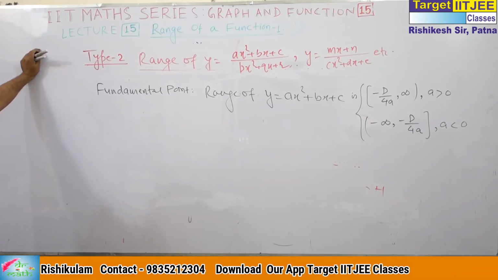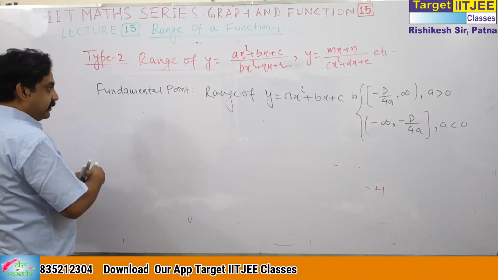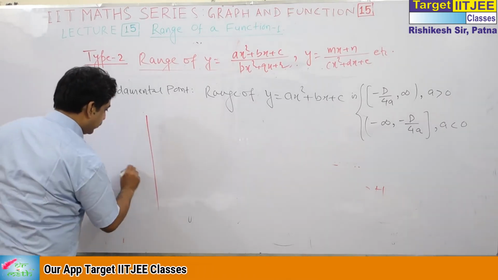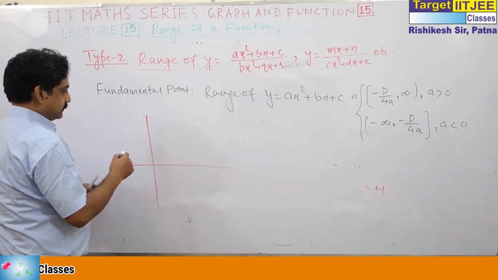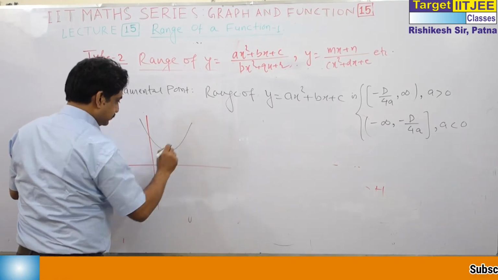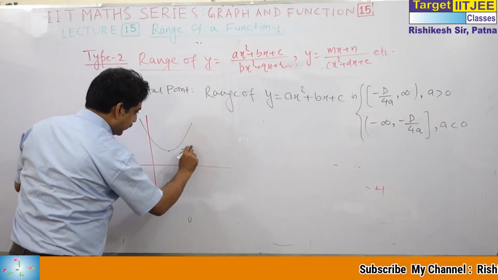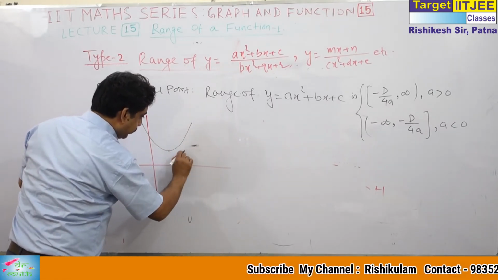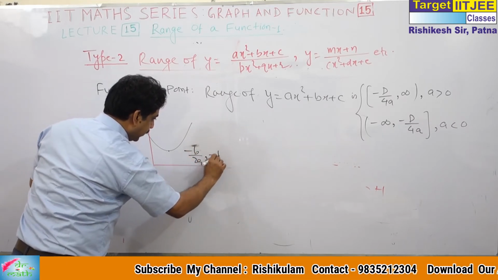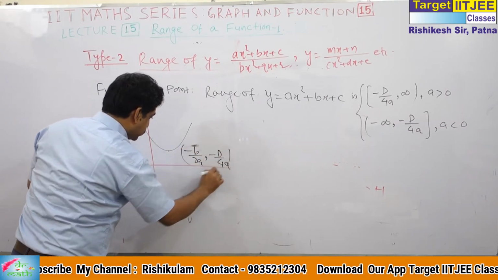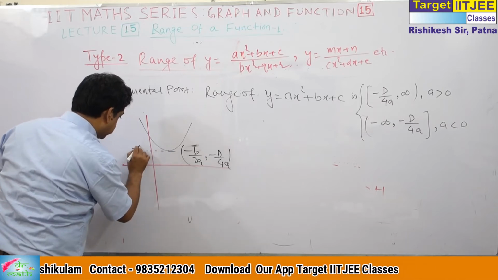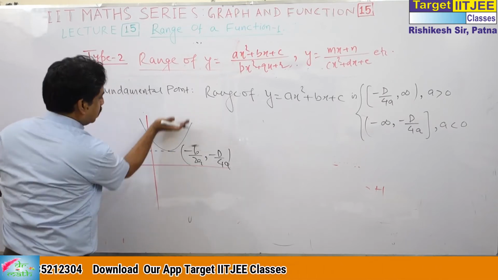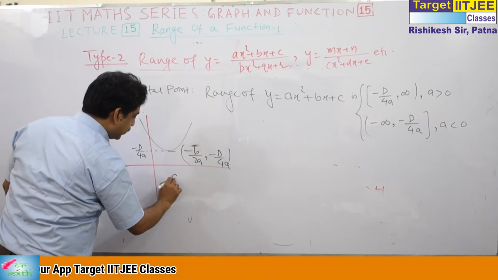Now, how? See, you know the graph. This is the graph. This is the turning point. What is the turning point? Minus b by 2a, minus d by 4a. This suggests the minimum is minus d by 4a. So the range should be minus d by 4a to infinity for a greater than 0.